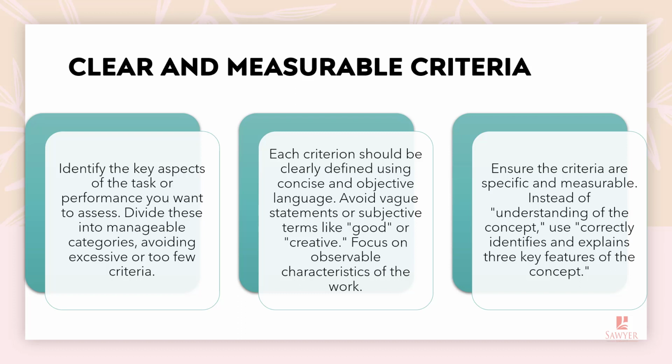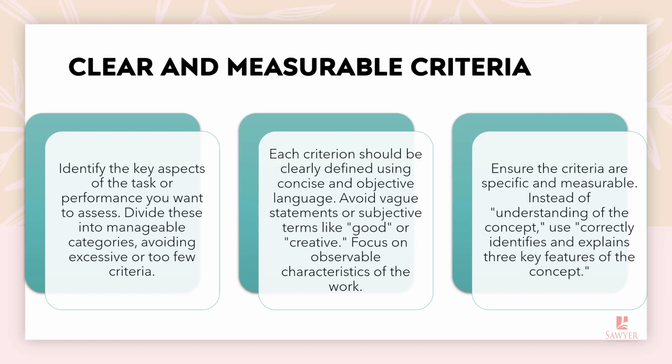So, as I've told you before, I don't like the word understanding. They should be able to demonstrate understanding, so you can actually see that they can understand. So how are they going to demonstrate that understanding? Well, that's what comes after that. And then correctly identifies.